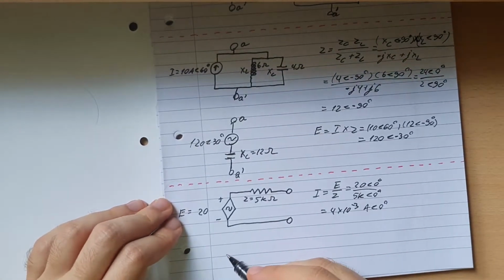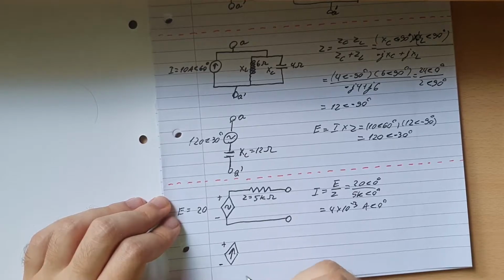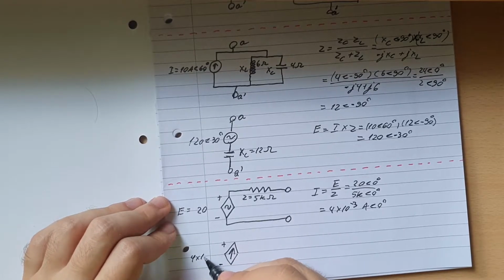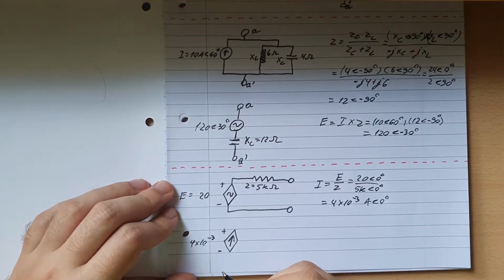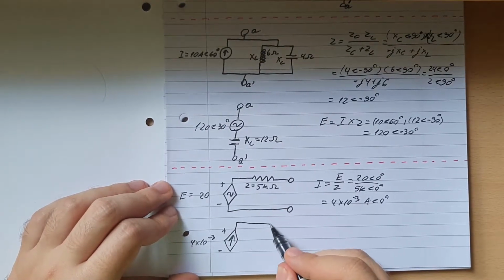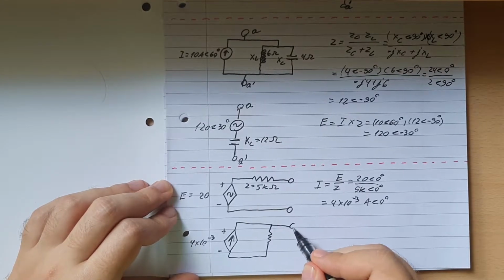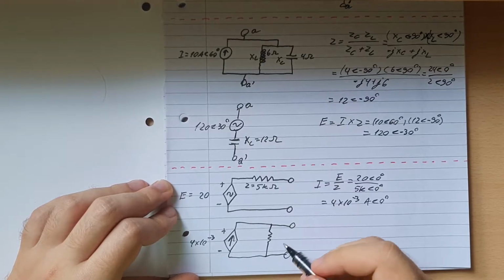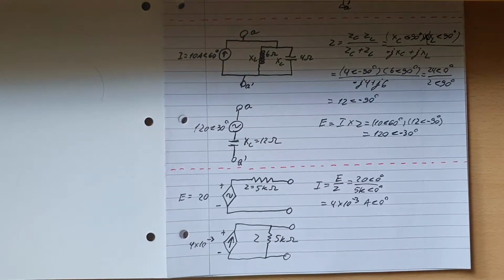And we can rewrite this one, very importantly, as a dependent current source. It won't be an independent one, it will be a dependent one. It's 4 times 10 to the minus 3. There you go. And then we just write in parallel the resistor, and this will be the rest of the circuit, which is basically open, really. Z is 5k ohms, and there you go.